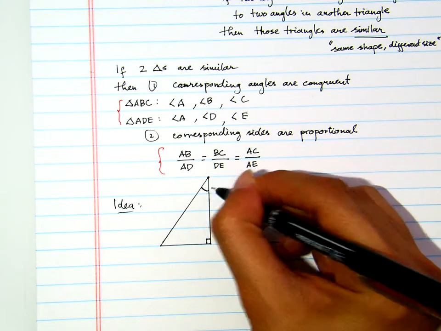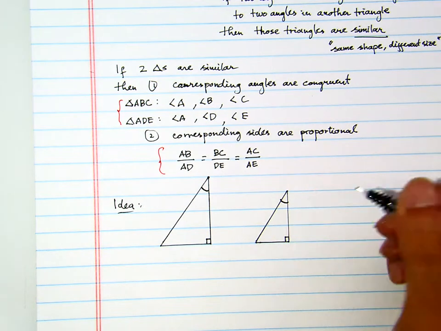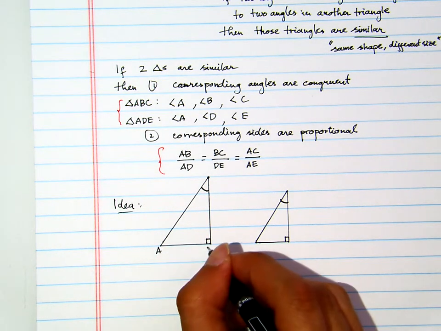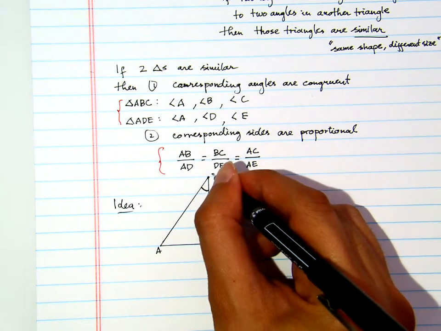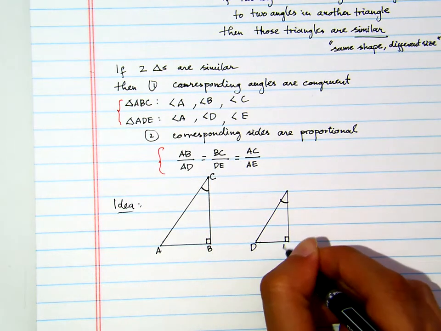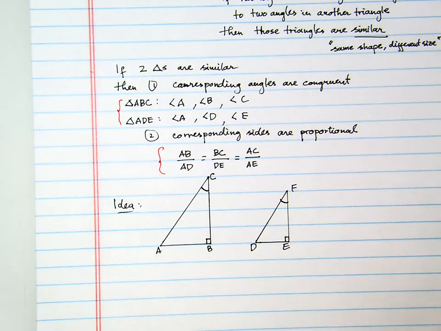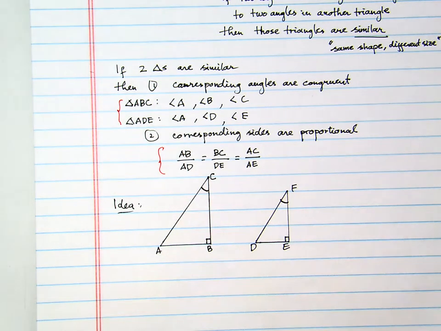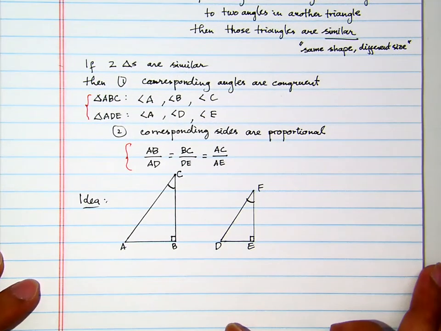Let's say the angle here is congruent to this angle here. Let me name them: this is ABC and this is DEF. Triangles ABC and DEF are similar because they have two congruent angles, right? So they are similar triangles.